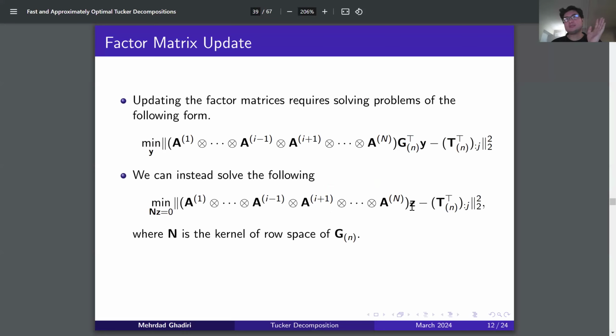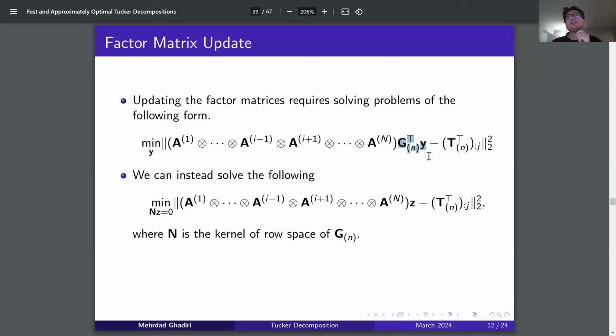Essentially, I change the variables. Instead of y, I solve the problem on z, but I say that z is orthogonal to the kernel of the row space of G_n. So what does that mean? Any vector that looks like G_n transpose y would be in the row space of G_n, right?